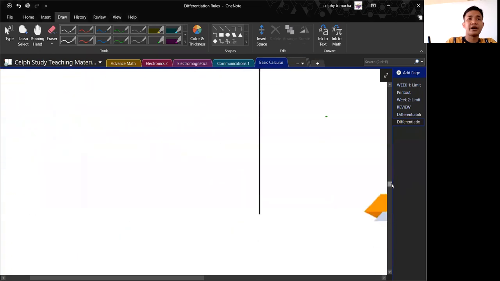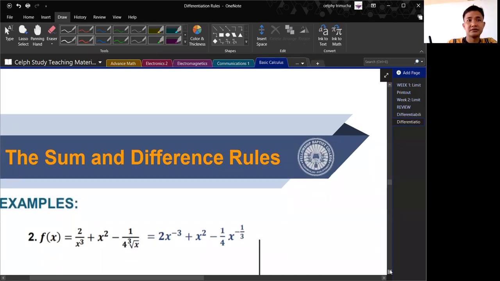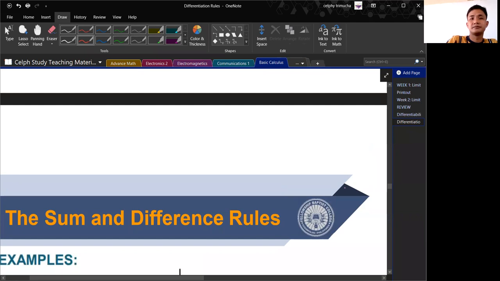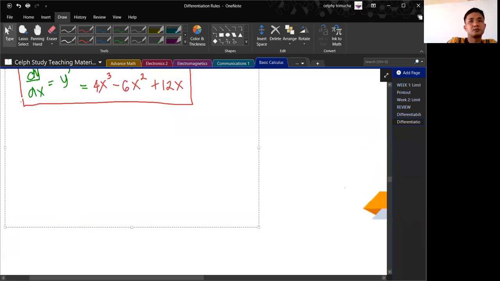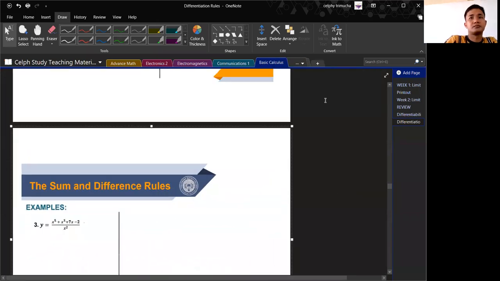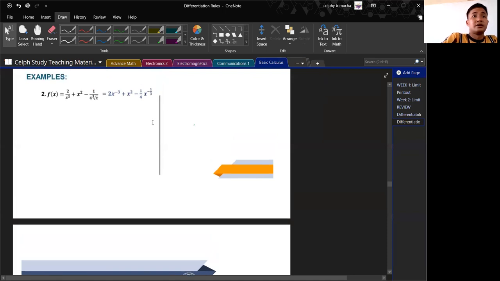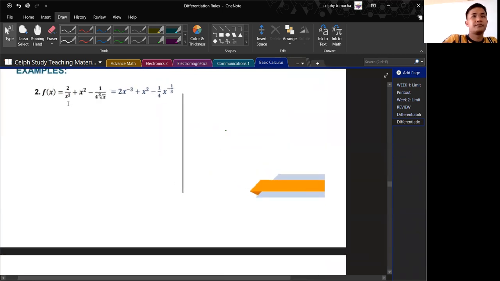Okay, another example we have. We are given an equation: 2 over x cubed plus x squared minus 1 all over 4 cube root of x.